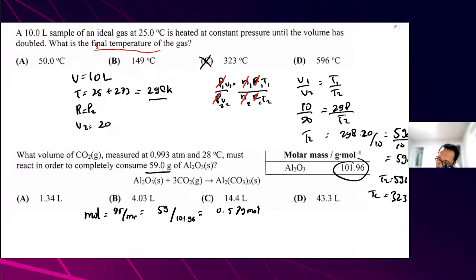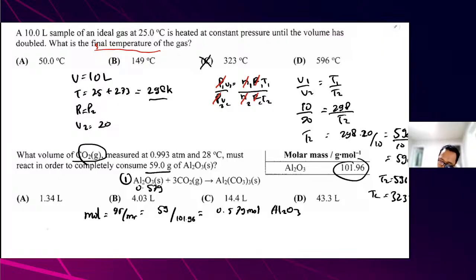Okay, Al2O3 is 0.579 mole. The question is about the CO2 itself, and its coefficient is just 1. Using the stoichiometry to get moles, 1 mole of Al2O3 equals 3 moles of CO2.